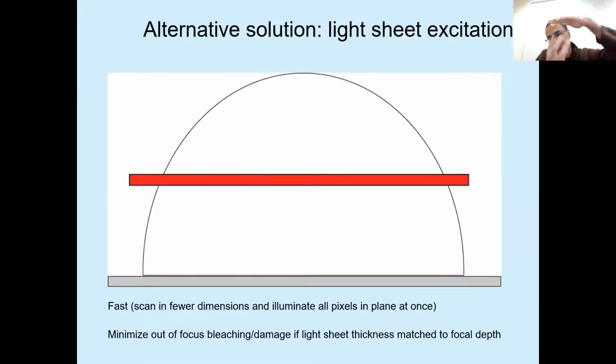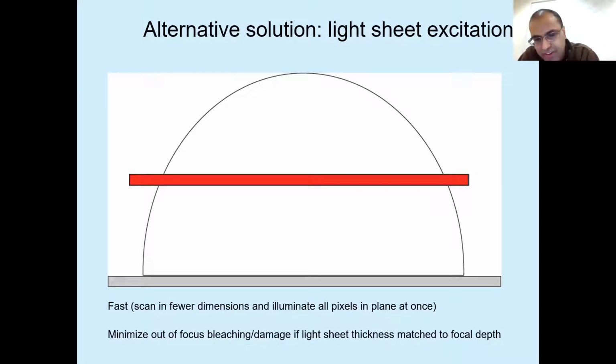You could then detect this fluorescence perpendicular to the illumination direction. And now if you imagine what this looks like in our cartoon diagram, this can be very fast because you only have to scan, in this example, in 1 dimension, right, to build up the volume. So it has the same advantage as a wide field microscope in the sense you only scan in 1 dimension because you're illuminating and detecting from all pixels in that plane.